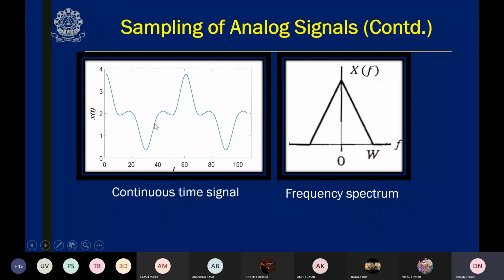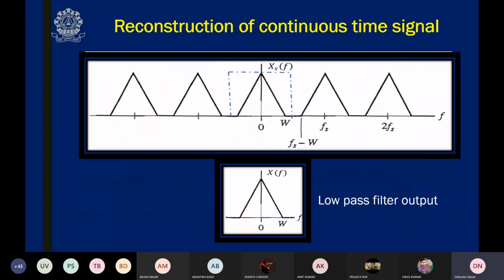This is nothing but the analog signal, because I told you that this analog signal has a bandwidth like this. So you are getting this in the frequency domain, which means in the time domain it will be the original continuous time signal. In this way, by sending the sample values through the low pass filter, you can reconstruct the analog signal.